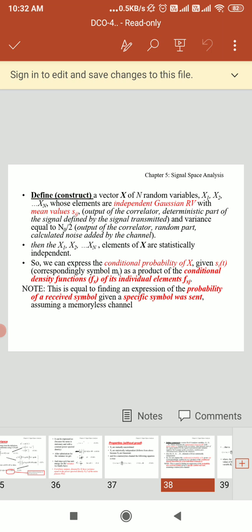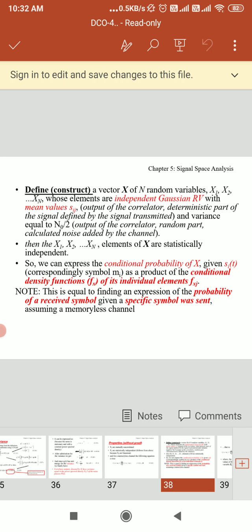When we are defining a vector X of n random variables x1, x2 up to xn, whose elements are independent Gaussian with the mean value sij, which is the output of the correlator's deterministic part of the signal defined by the transmitted signal, and variance equal to N0 by 2.